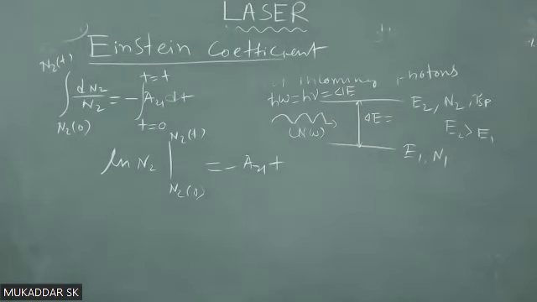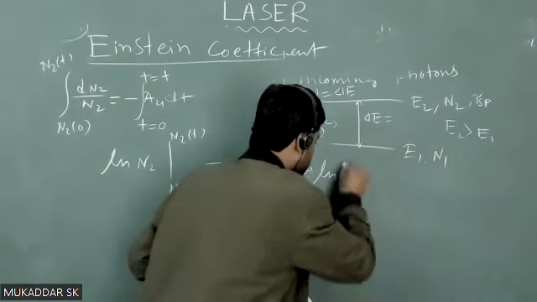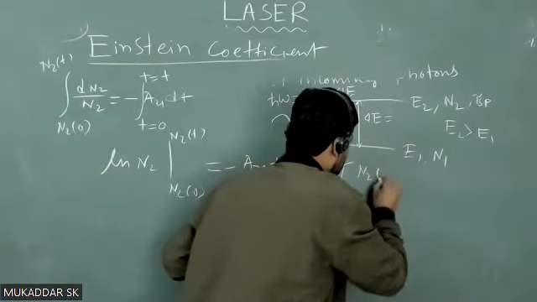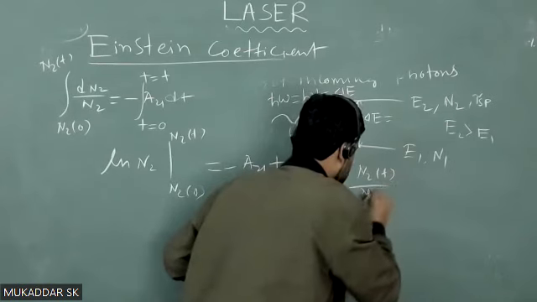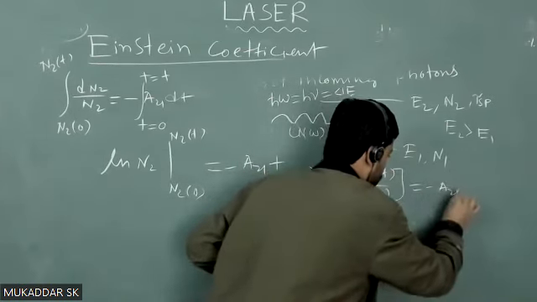Is this clear what I'm saying? So from here I can further write that ln of N2(t) divided by N2(0) equals minus A2 t.